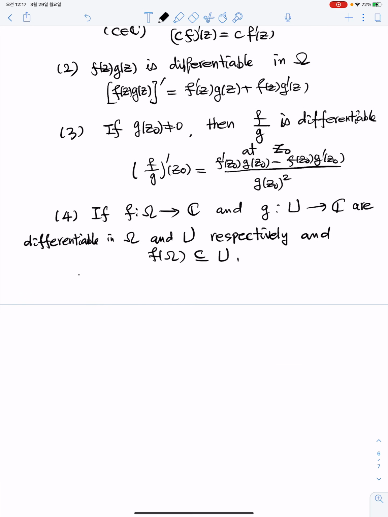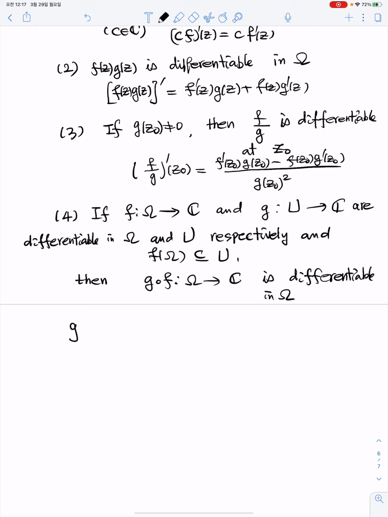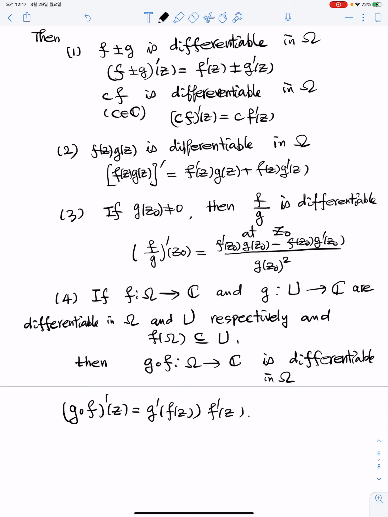Then you can conclude that the composition g composed with f, from omega to the complex plane, is differentiable in omega, and its derivative is g prime of f of z times f prime of z. We have the chain rule. The proof of this formula is exactly the same as in calculus.